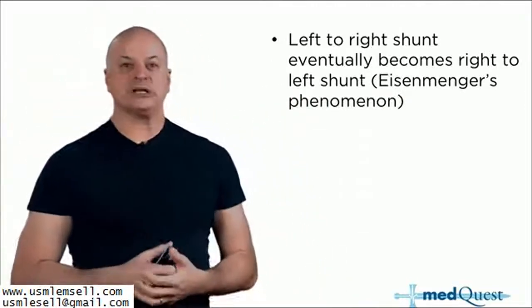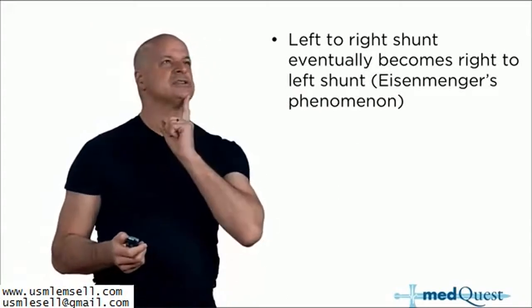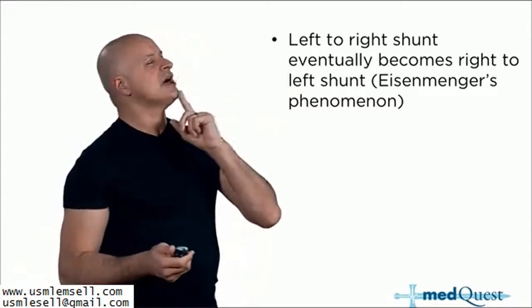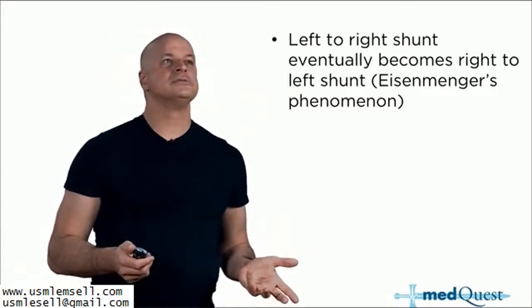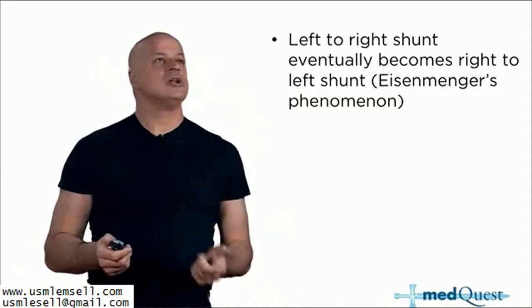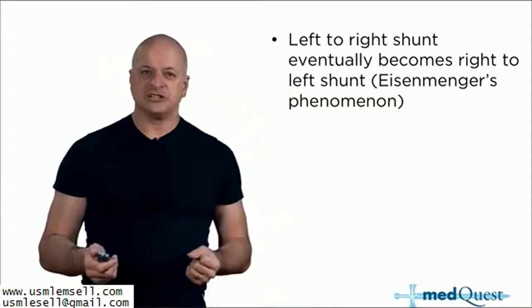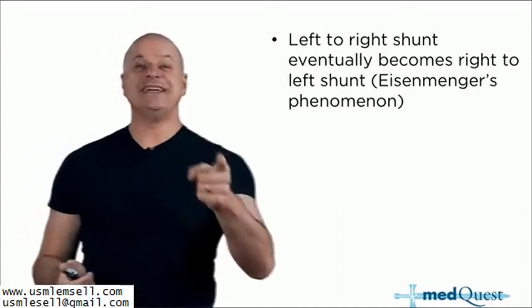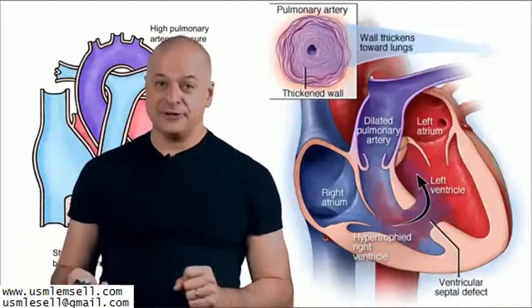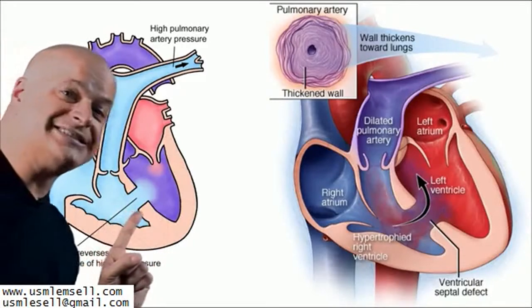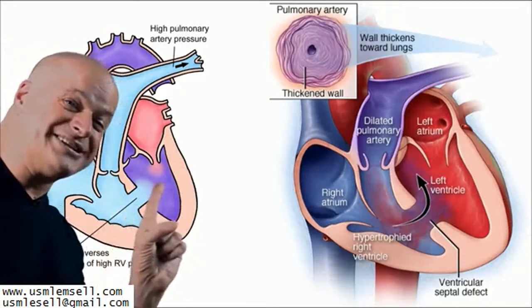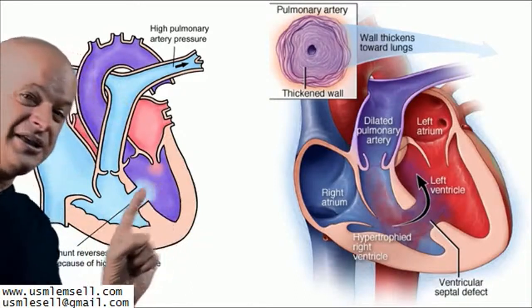Why this is important is because of left to right shunt versus right to left shunt, which one is more dangerous? The right to left shunt is more dangerous because if the shunt reverses and goes right to left, that's deoxygenated blood going into your left ventricle and you desaturate.